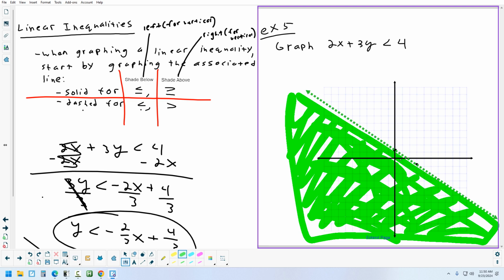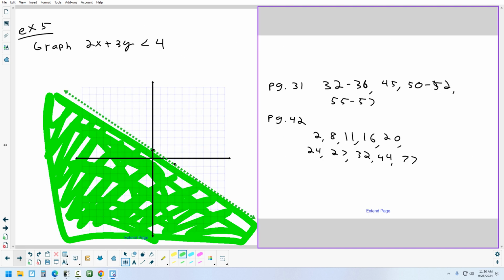Okay. So we got about 15 minutes, but I think that's a good place to stop. Okay, let me double check before you write down page 31. Just give me 1 second. Okay, 32 to 36, it says find a complete graph of each function. All you have to do is tell me the window. That's it.